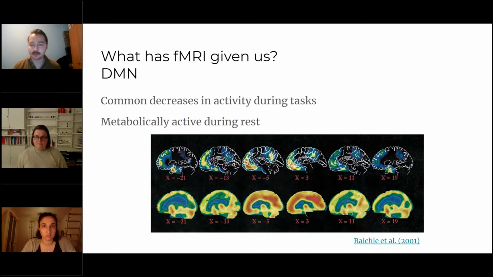And a couple of researchers, for example, Marcus Raichle and colleagues, have noticed that people mostly focused on the increases in neural activity between different conditions, between a baseline condition, which is usually a resting condition where people did not really do anything, they just lay in the scanner, versus task.